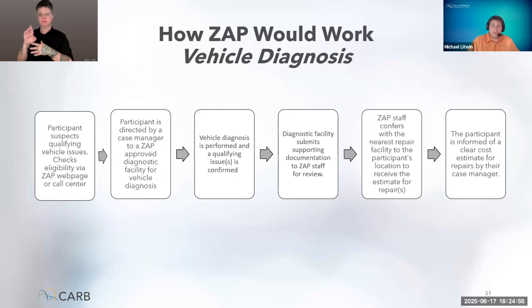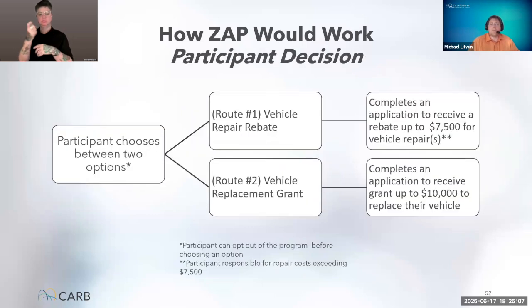The case manager will help the participant work through the options, ensuring they are not making decisions without support. With the support of the case manager, the participant will be given two options or routes, soon to be explained, and continues their journey through the program.